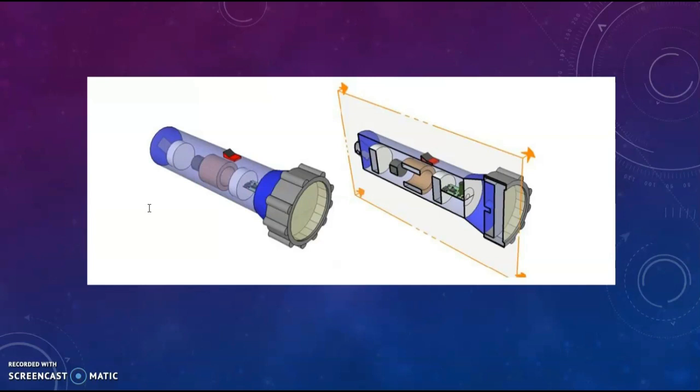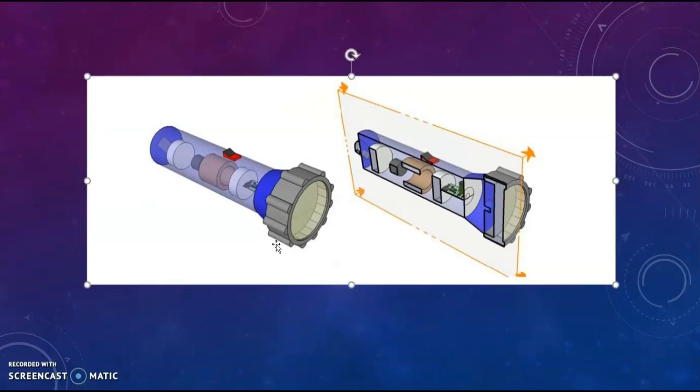For this diagram, the torchlight is our object, and the section we are taking it through, or the knife cutting through, yes, let me call it a knife cutting through this torchlight, will be our cutting plane.